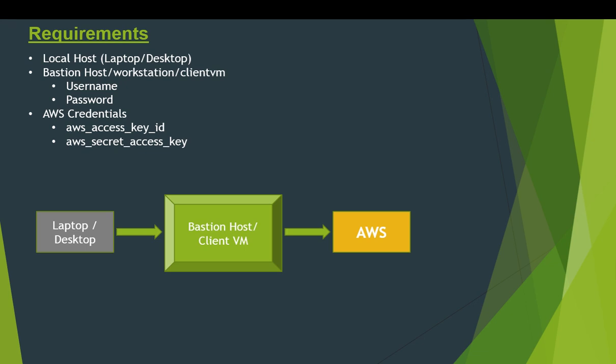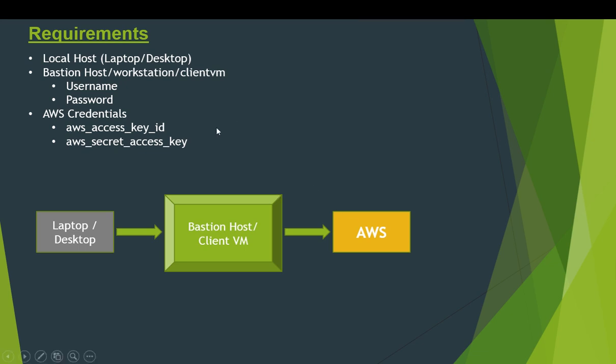For safety we need not go to every host, so we have one central bastion host or client VM from where we will start the installer and install OpenShift on AWS. On AWS we will have different masters and workers of our OpenShift.